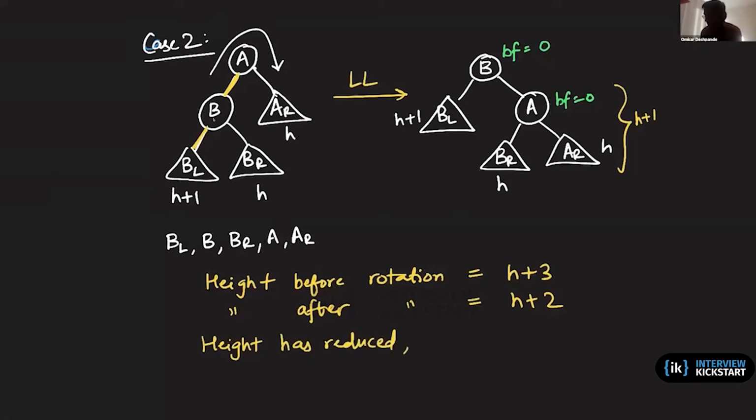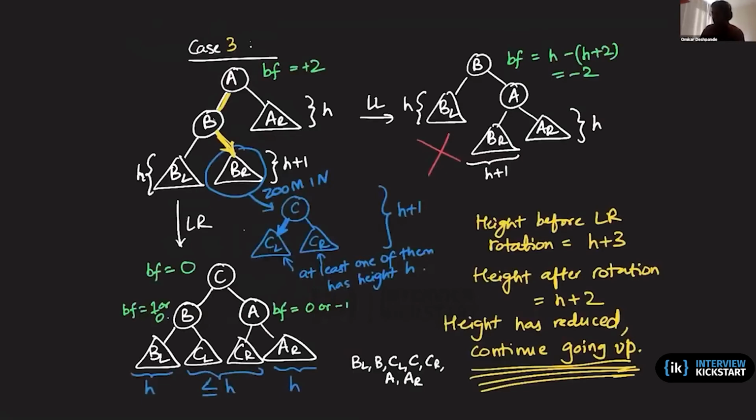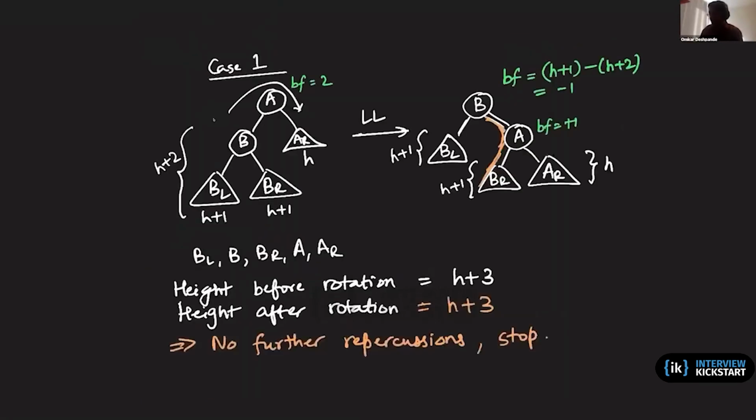This means we have to continue going up and look at any repercussions further up. So even though it was a simple LL rotation which fixed things, we still have to go up. Here it was a more complicated LR rotation which fixed things locally, but we still had to continue going up.